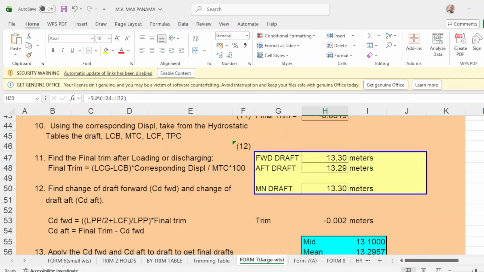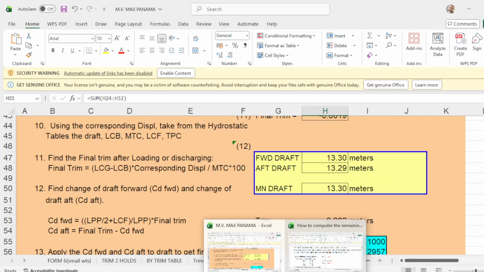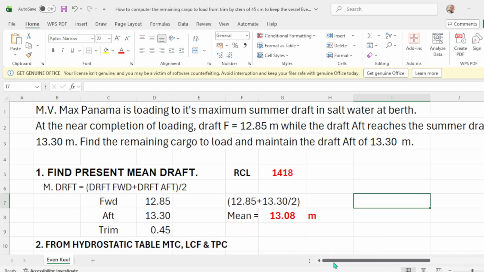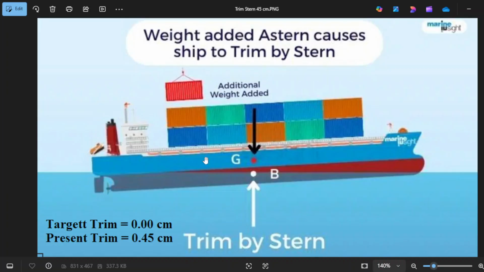Okay, so let's go now to the manual computation. So you are now forward is 12.85 and up is 13.30 with a trim of 0.45. So you are trimmed by the stern. This is how it looks when you are trimmed by the stern.